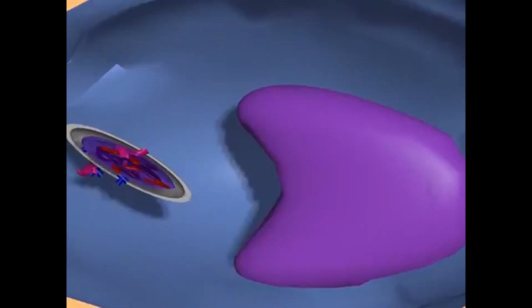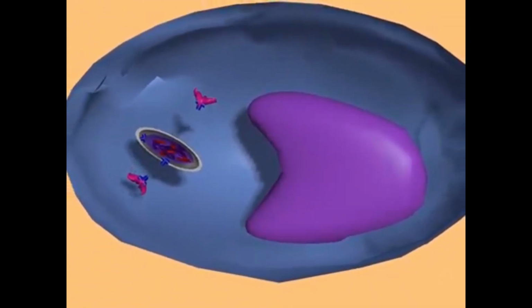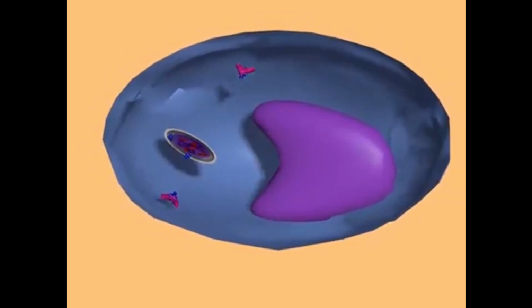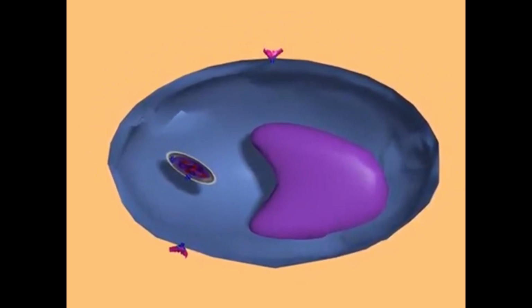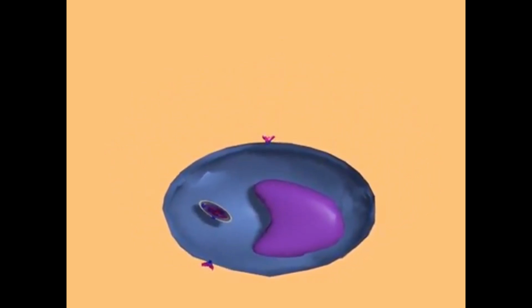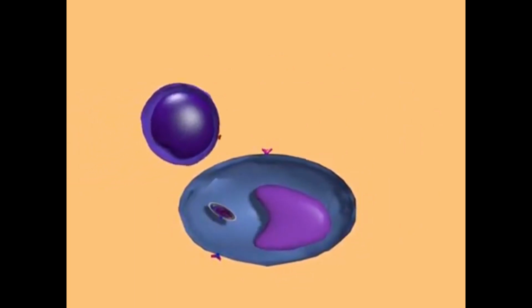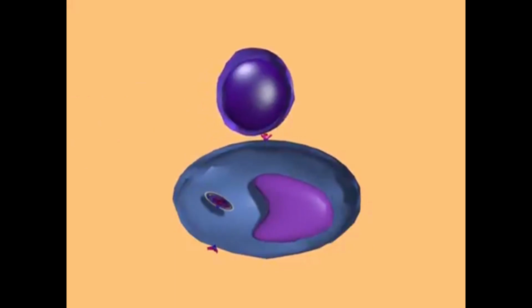A second major function that these cells perform is that they can interact with other cells, releasing local hormones known as cytokines. Most importantly, after they ingest a microbe, they can then move part of the microbe to their cell surface and do what's called present it. So these are antigen presenting cells.